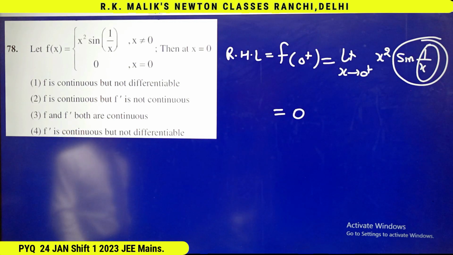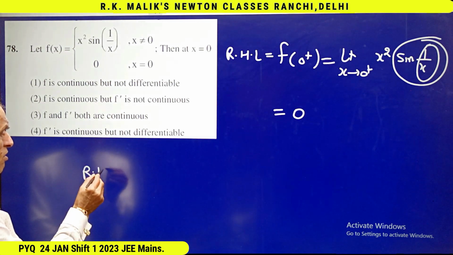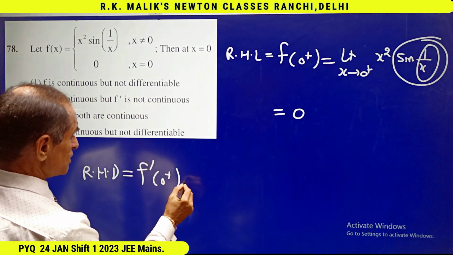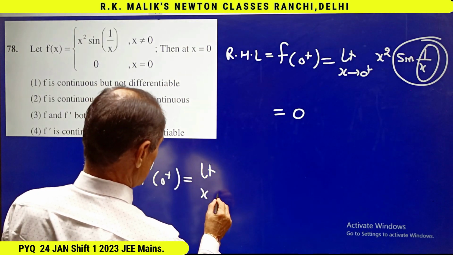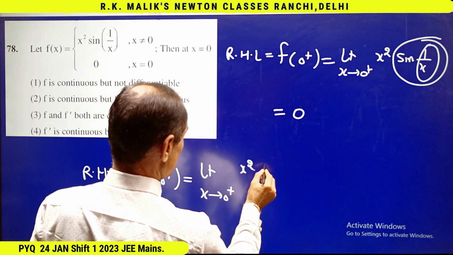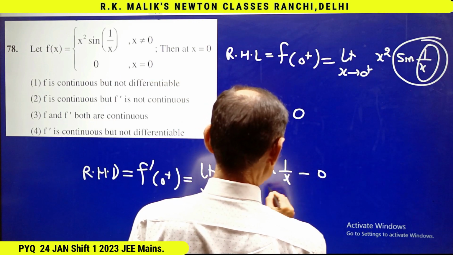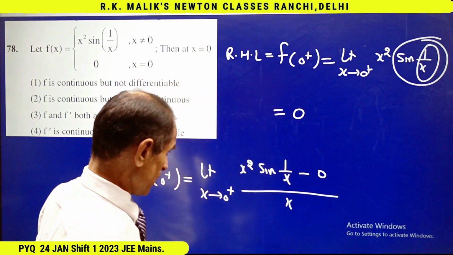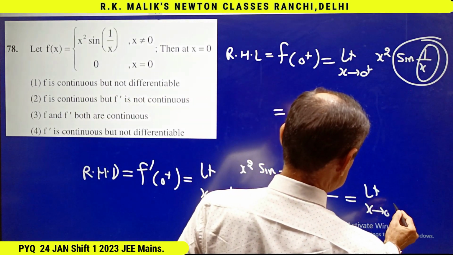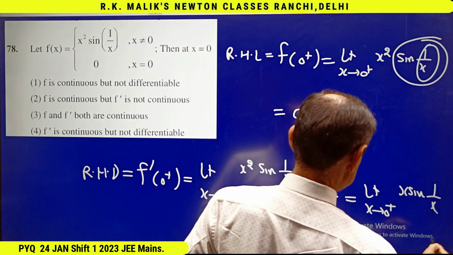And to check the differentiability at x equal to 0, the right hand derivative, that is f dash 0 plus, is equal to limit x tends to 0 plus of (x square sine 1 by x minus 0) upon x, which is limit x tends to 0 plus of x sine 1 by x.